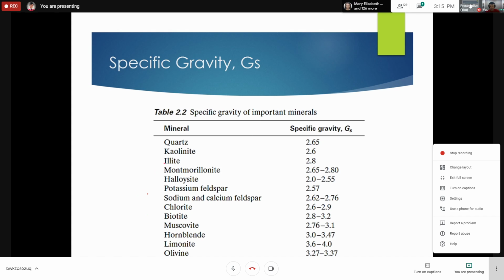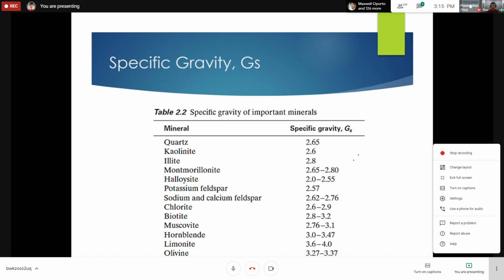So we have different specific gravity for quartz, kaolinite, illite, and montmorillonite. You will discover that later on in our experiments. Of course, our basis for the specific gravity of our soil, since it comes from rock, is their mineral composition.